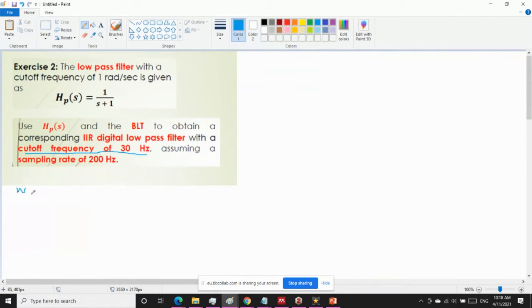So omega d is 30 Hz. First, we don't want it in Hertz, we want to convert it to radians. So radians is equal to 2 pi f, which is 2 pi times 30 Hz. This is equal to 60 pi radians per second.